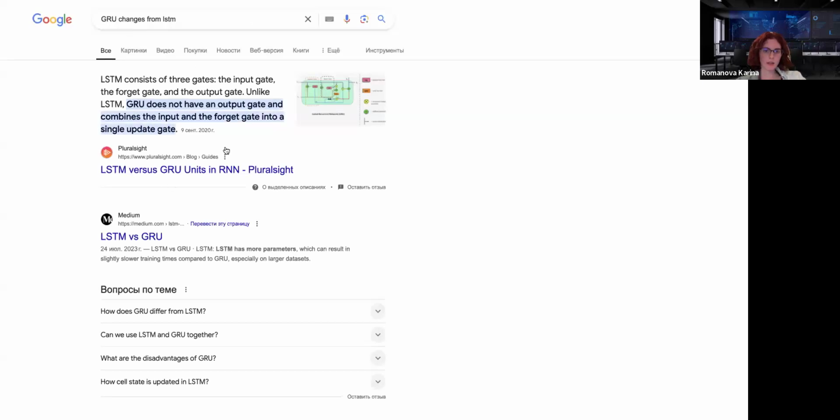Yeah, and here you can see what's going on, why it has some modifications from LSTM. Here we can see that this GRU doesn't have an output gate.